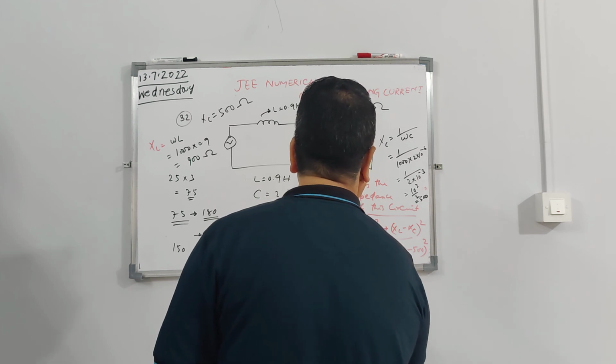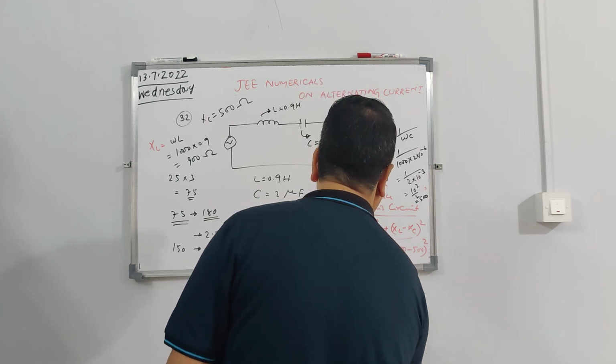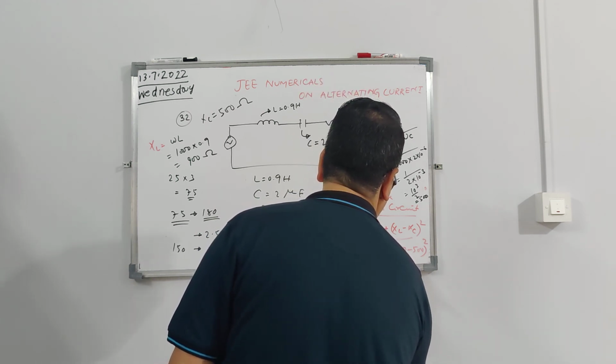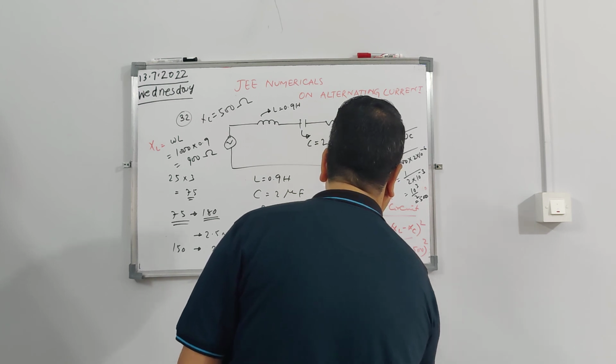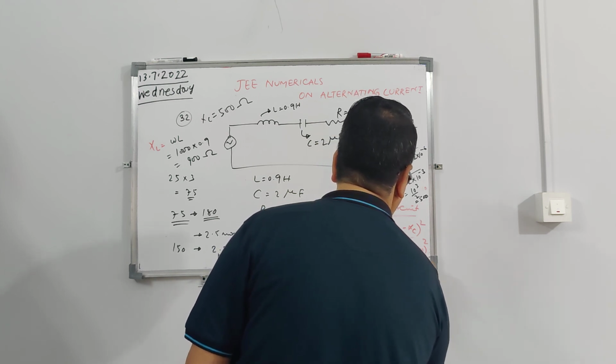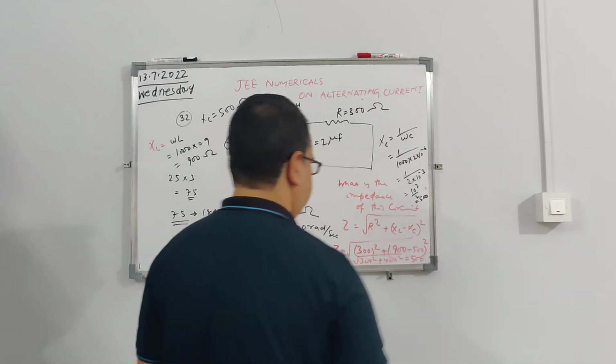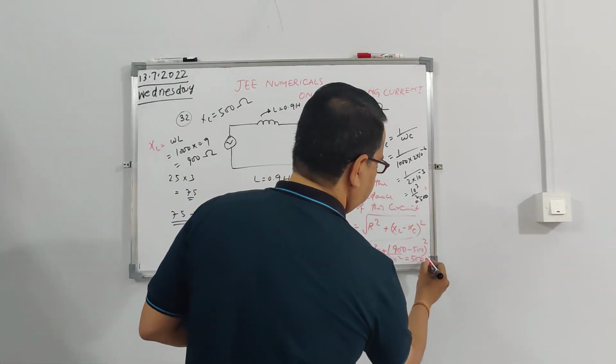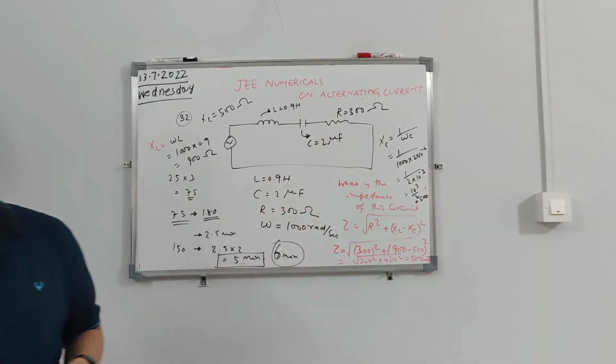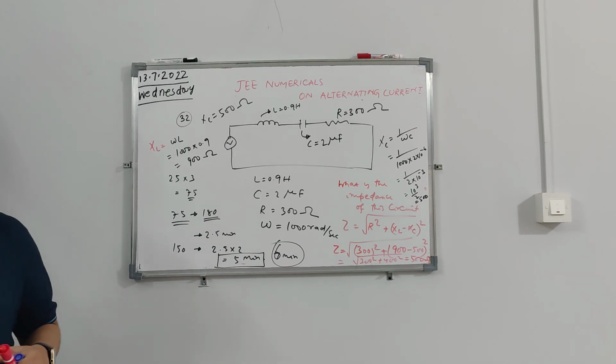So 300 square plus 400 square, square root, which is nothing but 500. So 500 ohm is the answer. For this circuit, the impedance is 500 ohm.